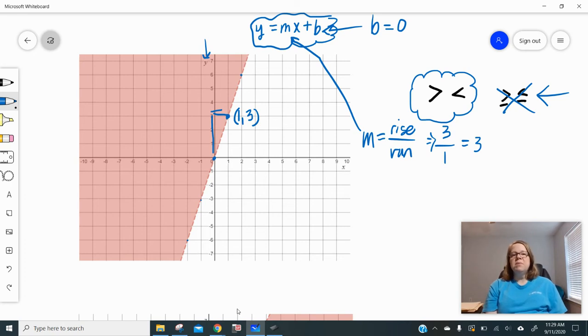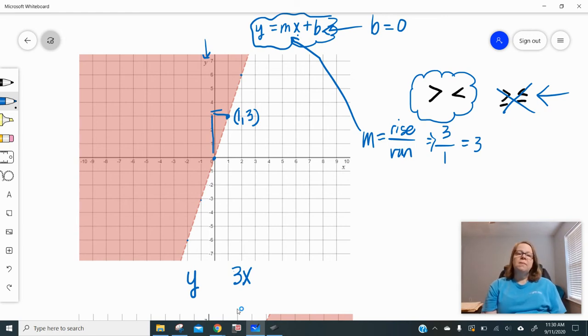I needed m and b, and b is just that y-intercept of 0. M is the slope. So I know that it's my answer. I'll put it over here. Y is something greater than or less than, I don't know yet, 3x, because the x is always part of the equation or inequality. And then there's nothing else. That's it. I'm almost there. That's almost the answer. I just have to figure out if it's greater than or less than.